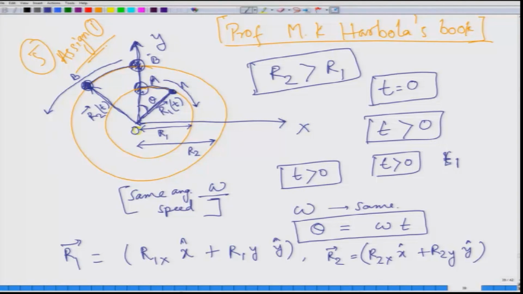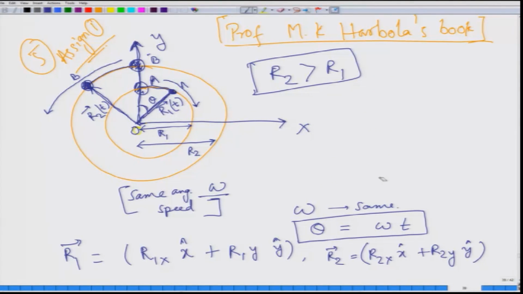And how will these values change? You see from the diagram that R1 is making an angle theta with the positive y axis, and R2 is making the same angle theta with the positive x axis. Why is it making the same angle? Because the angular speed is the same for both the particles.